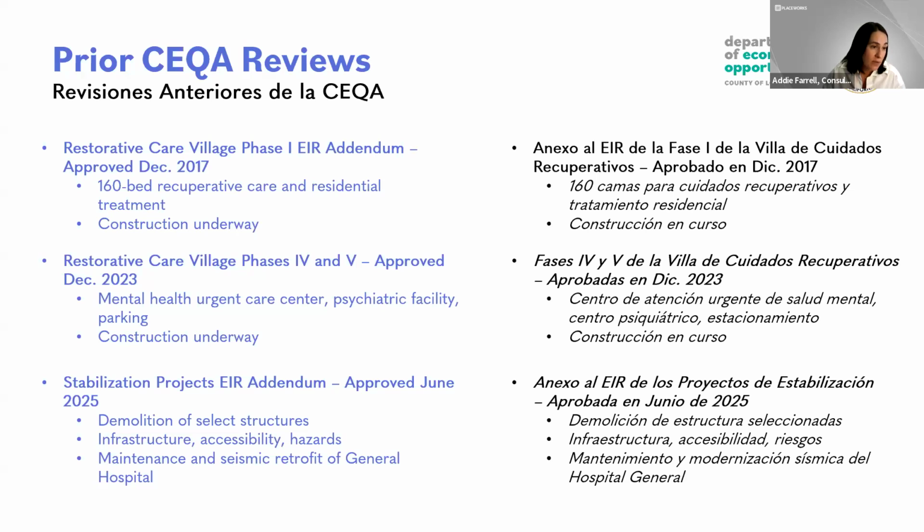So that includes the restorative care village, phases 1 through 5, which is currently under construction, and what we call the stabilization project in June earlier this year, which was focused on demolition of certain structures and a seismic retrofit of the general hospital.